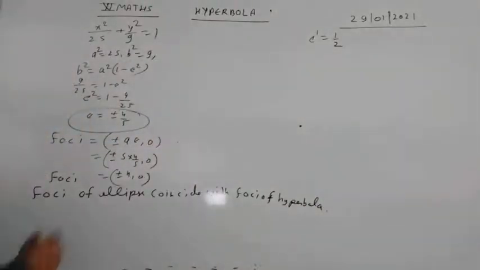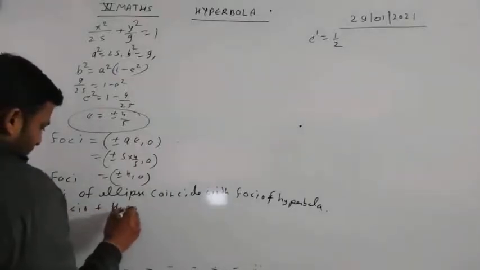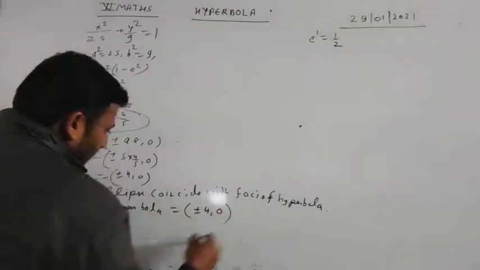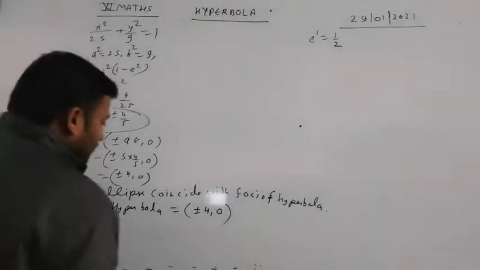So the foci of the hyperbola are plus minus 4, comma 0, and the eccentricity of the hyperbola is 2, students.